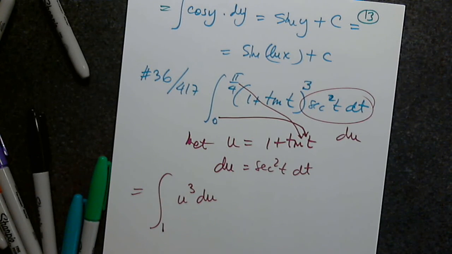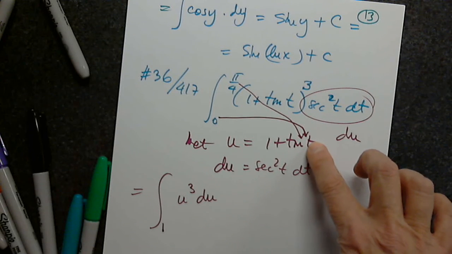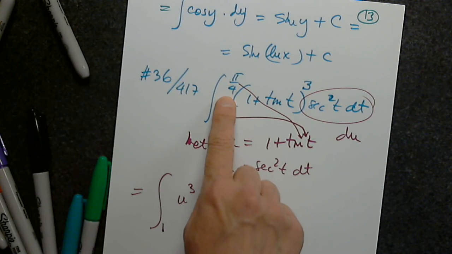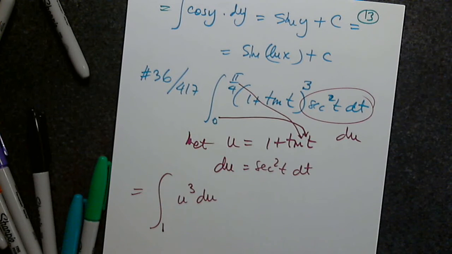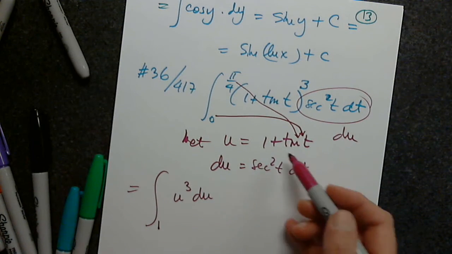Tangent pi over 4 is the easiest angle because sine and cosine are the same. Sine and cosine are the same for pi over 4. Yes, but if they are the same, tangent must be 1. Tangent is sine over cosine, right? So 1 plus 1 is 2.